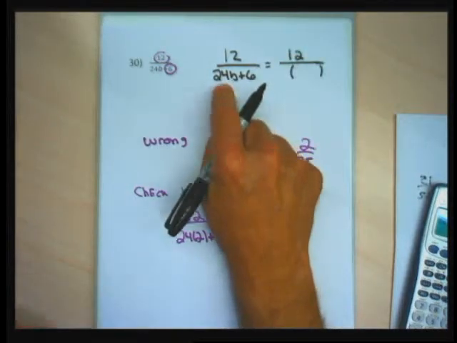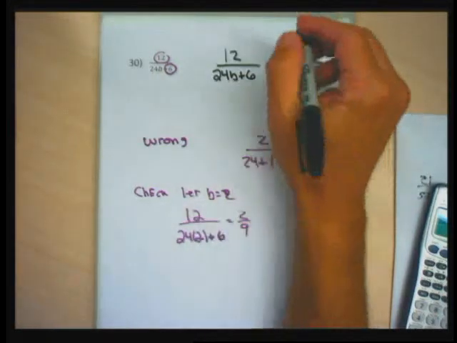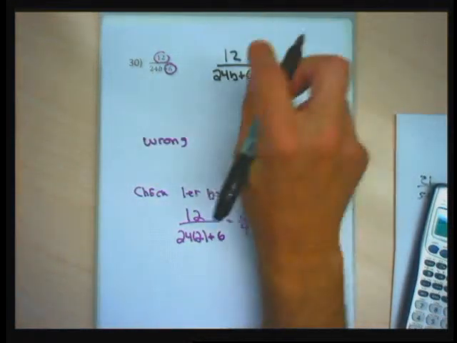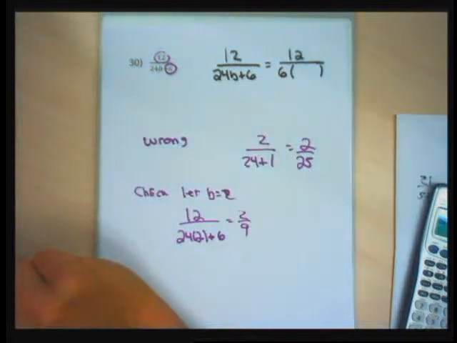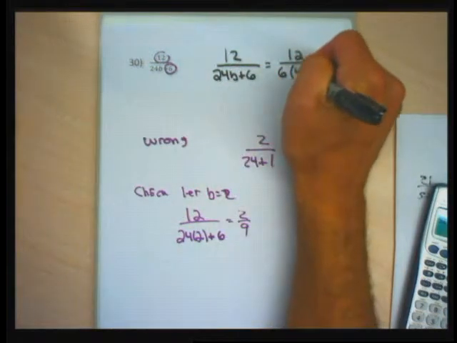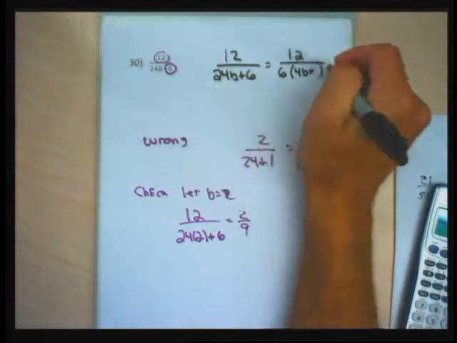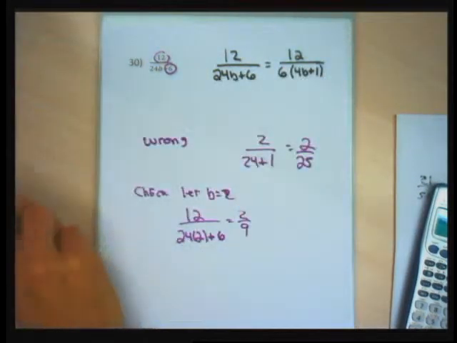It's the first denominator that we've had so far that could be factored. I'm going to put a 6 to the left of a parentheses because 6 is a common factor of 24b plus 6. Now I'm going to divide 24 by 6 and get a 4, leave the b, leave the plus sign, divide 6 by 6 and get 1.